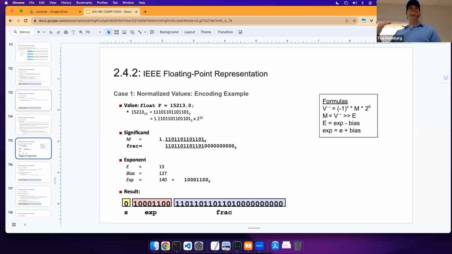And my bias is a constant value. It depends on whether it's a 32-bit or 64-bit in terms of what its value is. In this instance, this is a 32-bit, so my value is going to be 127. It's an 8-bit value, and the max value is 255.